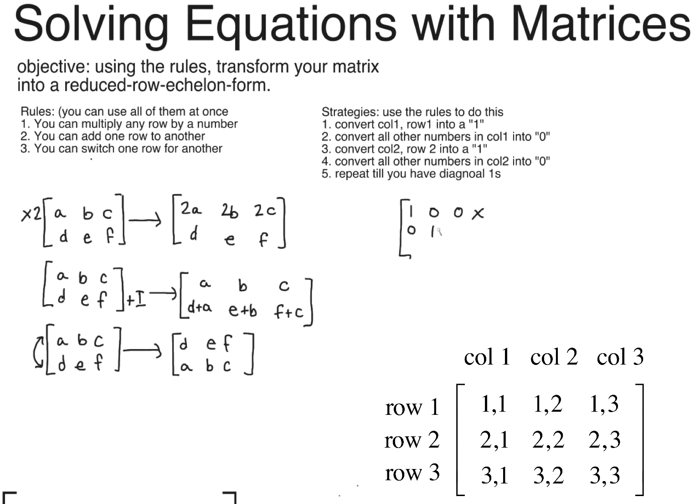This will be 0, 1, 0, y, 0, 0, 1, and z. So this is our objective. Strategy 1 is saying that you want to convert your matrix into something like this. So for example, let's just say I had a matrix like this.